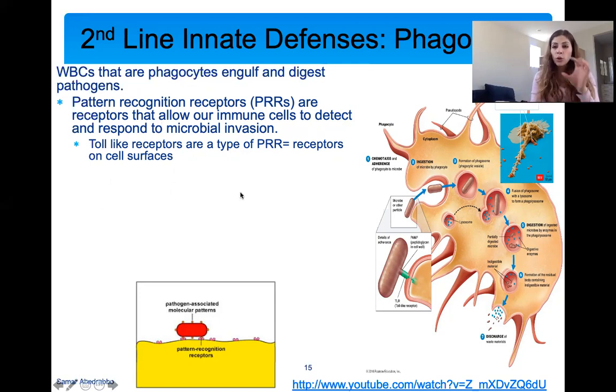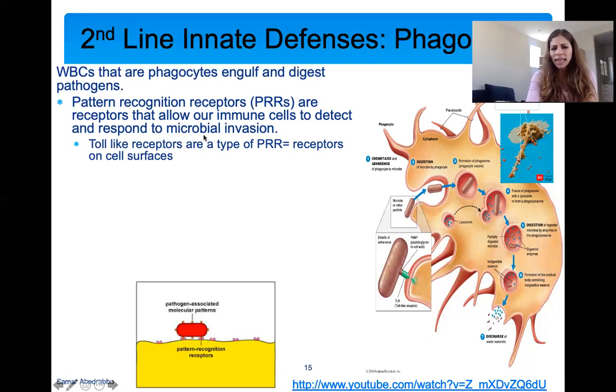The part of your own cells that recognizes these patterns is called pattern recognition receptors. On your white blood cells, you have different receptors, and these receptors recognize the different foreign molecular patterns on the pathogen. The receptor from your cell will bind the PAMPs, and then this will trigger an immune response.